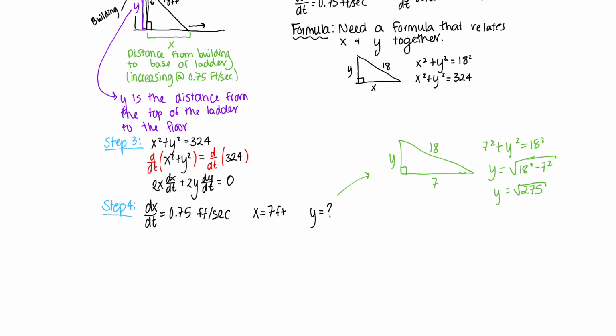So now we're plugging in everything that we know into this equation. So we have 2, and then x is 7, dx dt is 0.75, plus 2, we know that y is the square root of 275, and then dy dt equals 0.